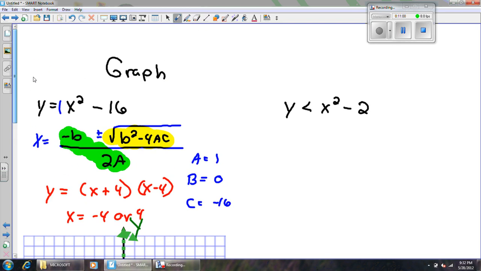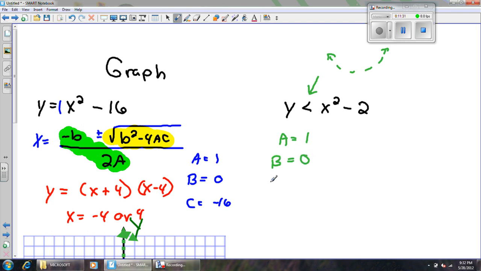All right, let's try this one. Now, the first thing I'm going to notice is that this is an inequality, which means I'm going to get a broken parabola, right? Something like that. Okay. Now, remember, I know it's going to open positive because a is positive. If a were negative, then it would open downward, right?